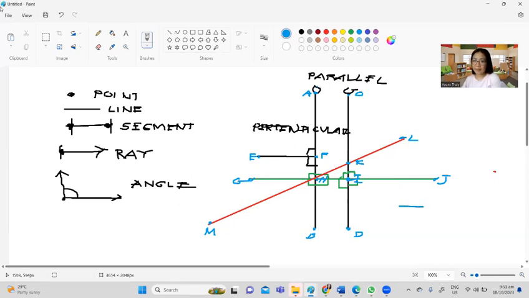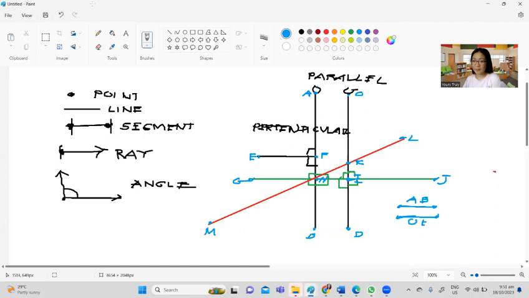So lines AB. That's how we write it, because a line, remember, has no point at the end. Since it has dots, we now say line segment. Line segment AB is parallel to line segment, what?